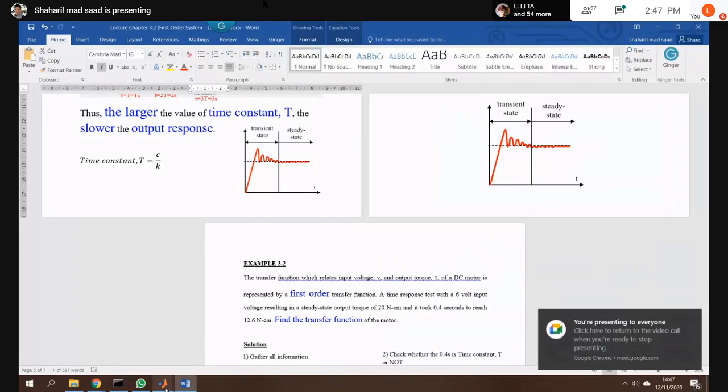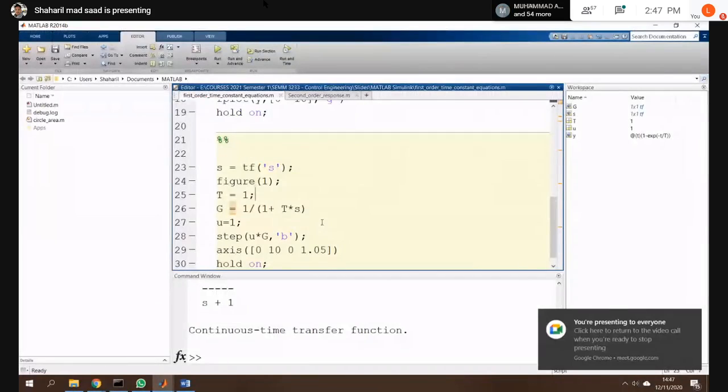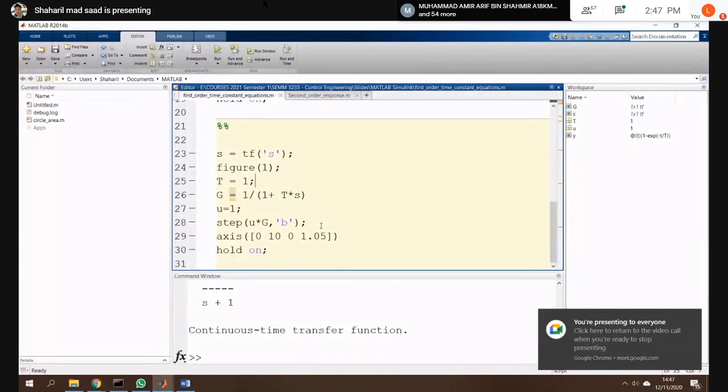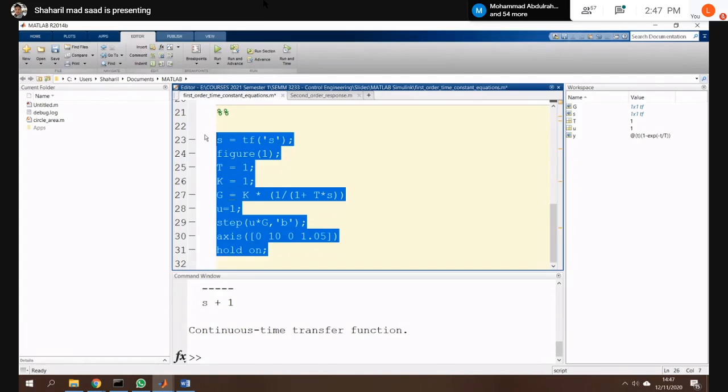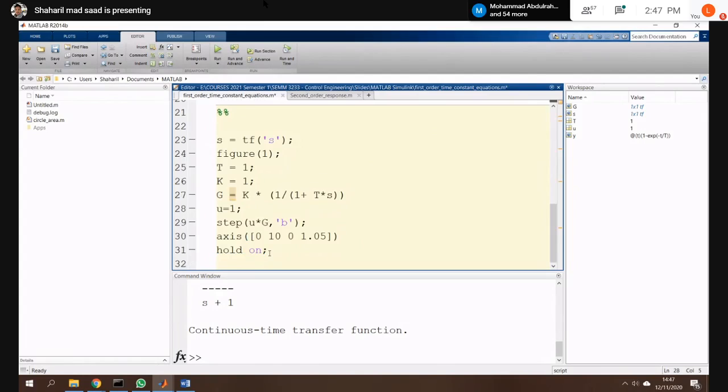Alright. You can also use MATLAB to draw it. For example, you can put k times 1 plus ts here. So k equal to 1, for example. Okay, and then you can repeat it, using hold on.